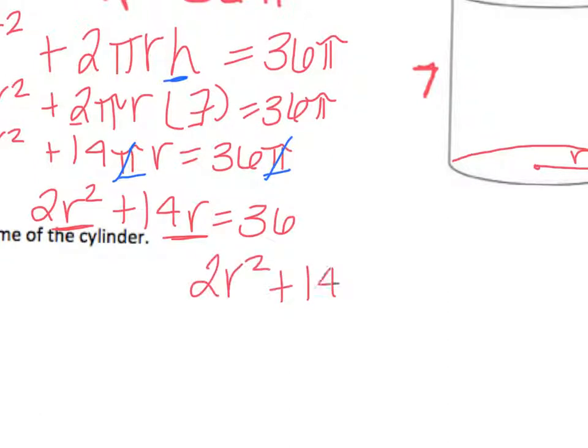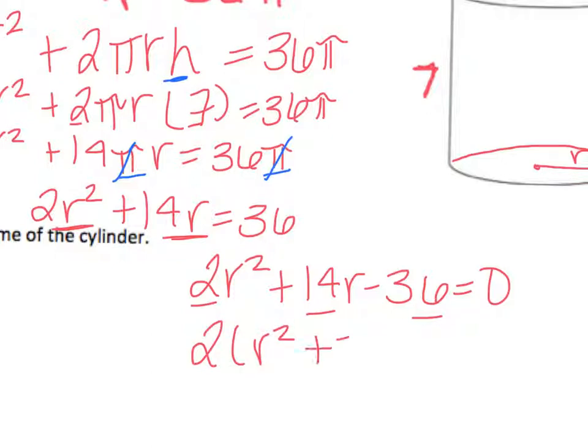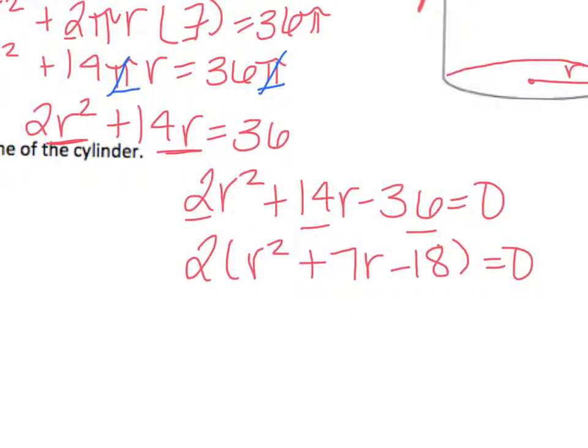So I'm going to subtract the 36 to the other side. And then just to make this a little easier, every term has a 2. So I'm going to factor out a 2 first. And then I'll factor the leftovers.